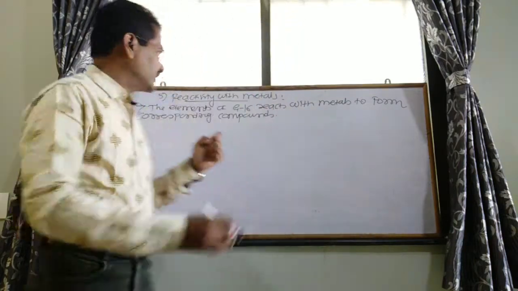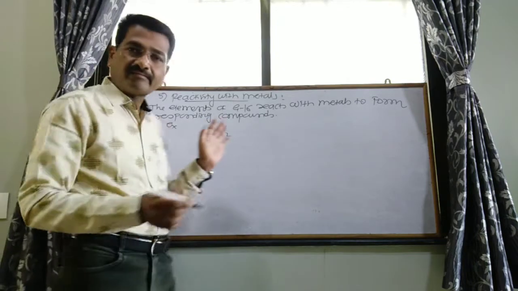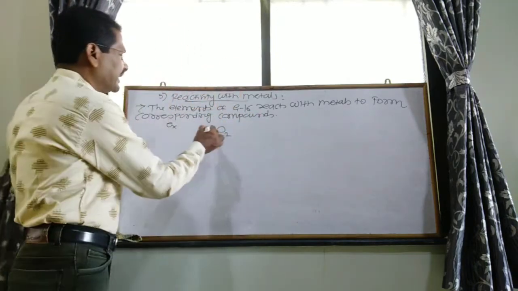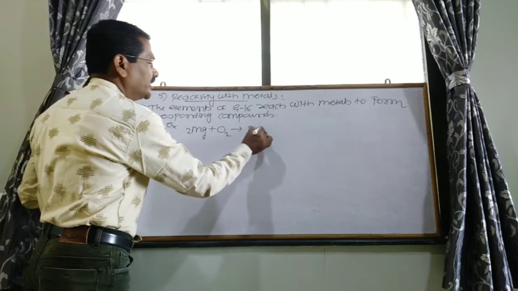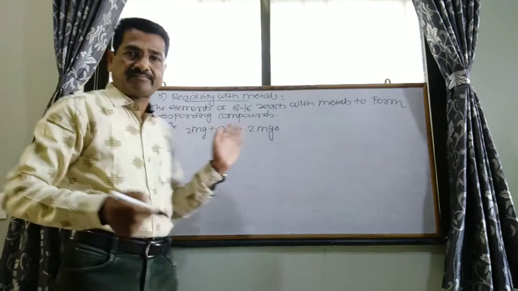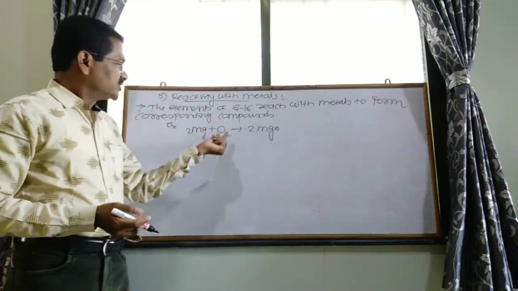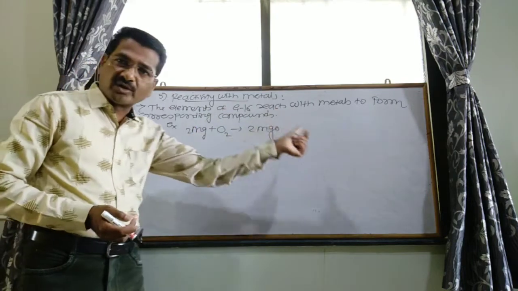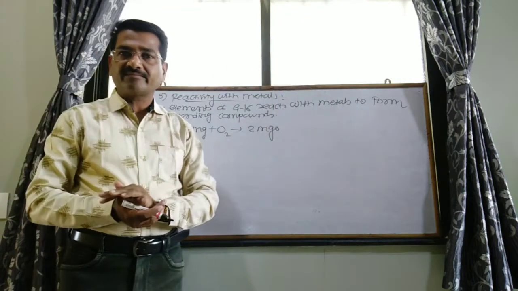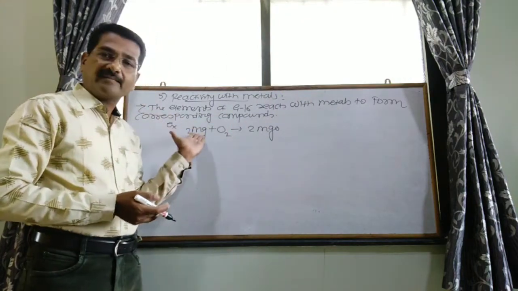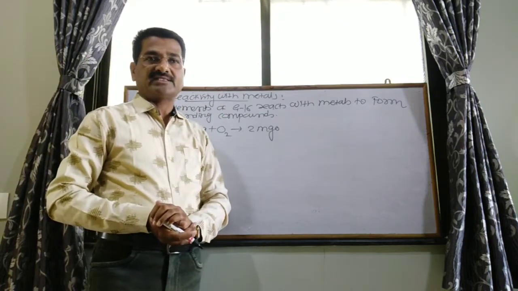Suppose the first element of group 16, that is oxygen, O2, reacts with magnesium, Mg, then it forms 2MgO, magnesium oxide. Likewise, oxygen can react with sodium to form sodium oxide, and with aluminium to form aluminium oxide. Any metal can react with oxygen to form the corresponding oxides.